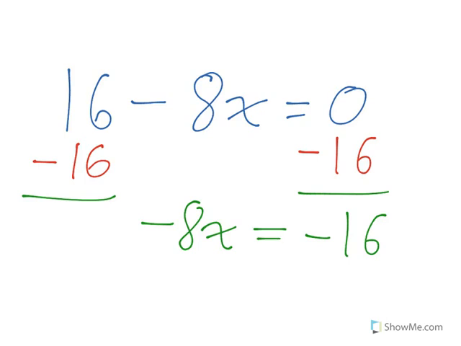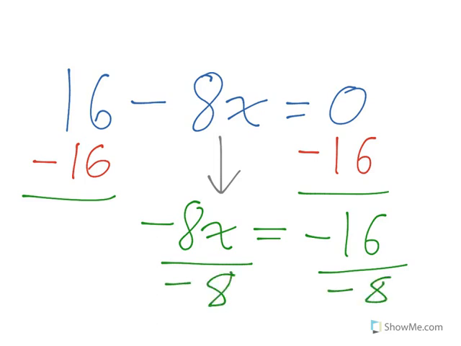Because we're multiplying, it doesn't change the value. Now we have negative 16 divided by negative 8, which is what? Which is negative 4.